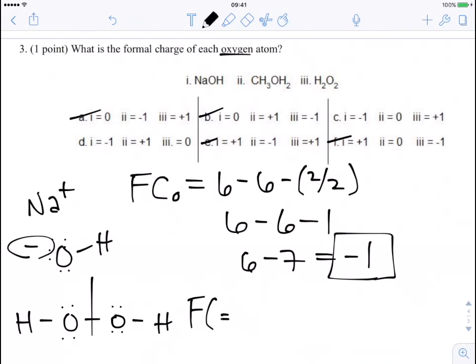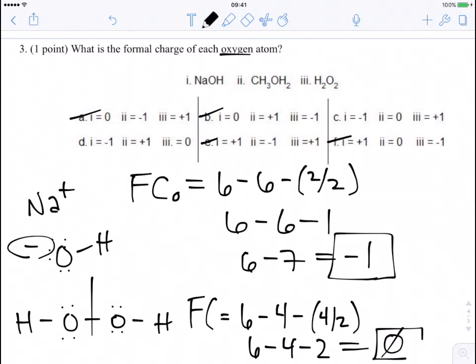So your formal charge is going to be group number minus its lone pair electrons minus half of its bonding electrons. So you're going to have 6 minus 4 minus 2, which is just going to come out to 0, which again makes sense because there is no charge on any of those oxygens. So your answer is not going to be C, your answer is going to come out to be D, because the first one has that negative charge and the last one has that neutral charge.